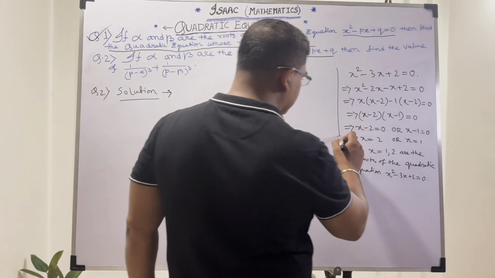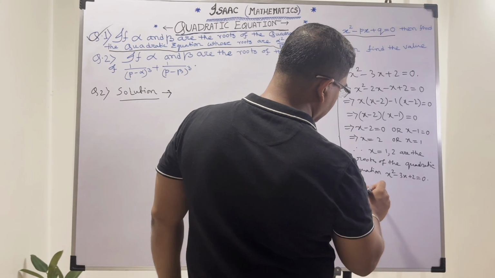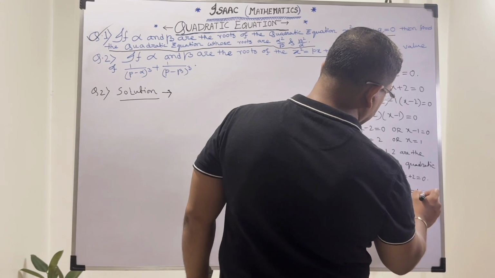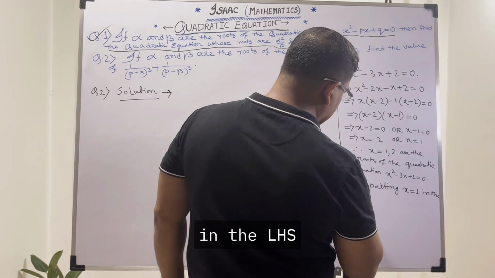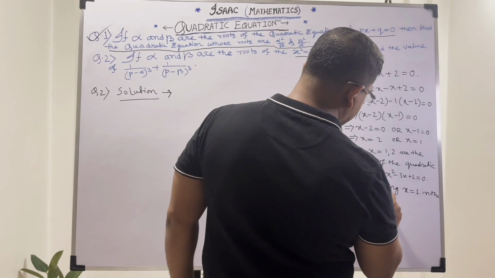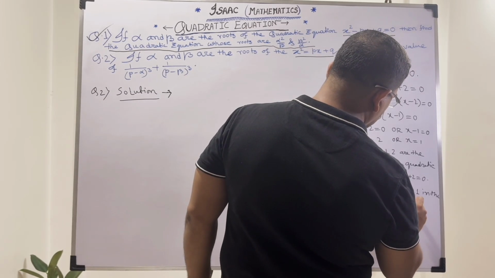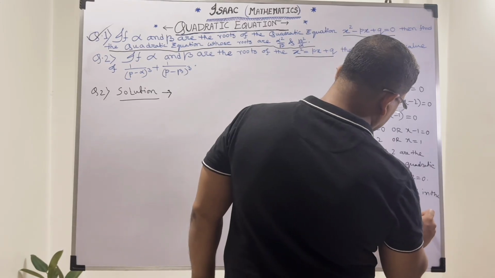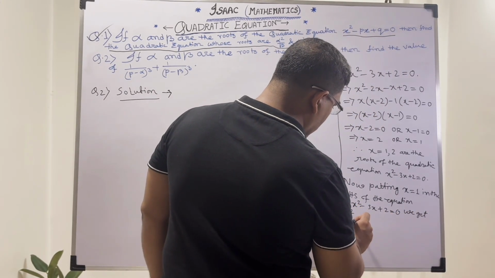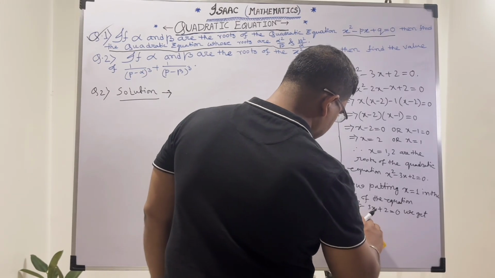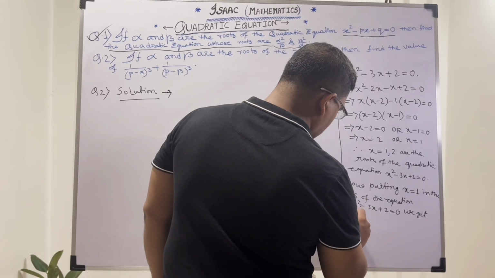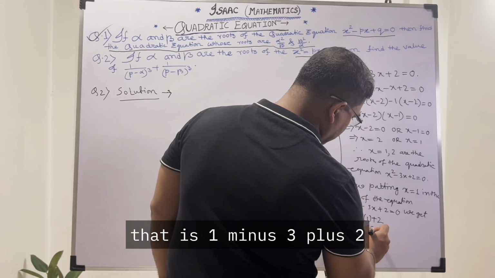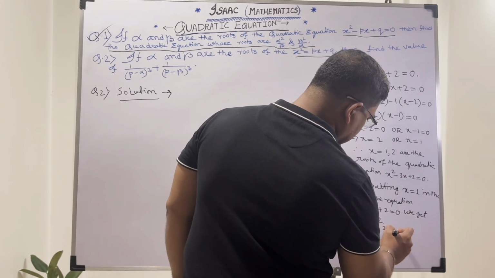Now, putting x equals 1 in the LHS of the equation x square minus 3x plus 2 equals 0, we get 1 square minus 3 into 1 plus 2, that is 1 minus 3 plus 2. This will give 3 minus 3 equals 0.